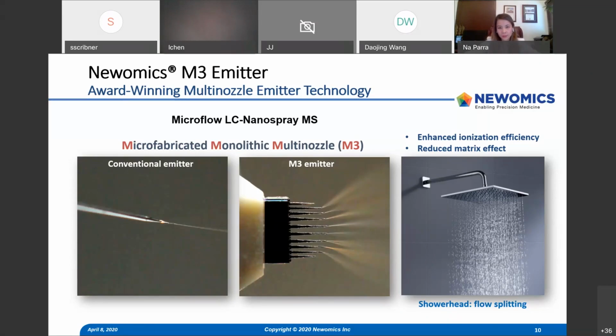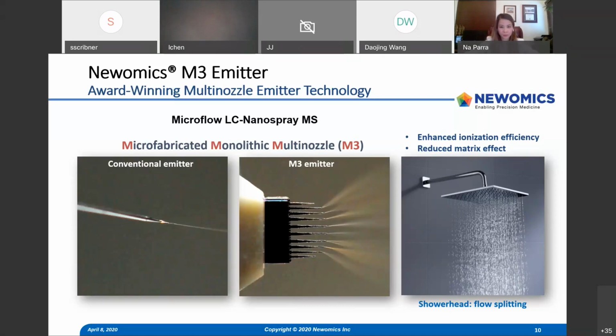If you think about a multi-nozzle emitter, the biggest challenge is the droplet. So we optimized the design as well as the flow rate for different IDs. For example, we will probably launch a new product with a 20 micron ID or 5 nozzles for bigger protein analysis for native spray. So those are a different set of products.